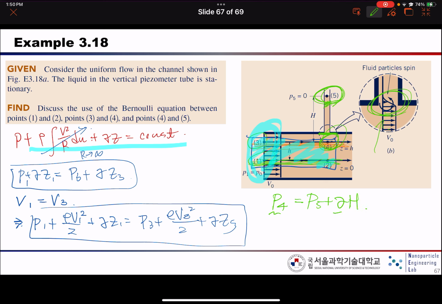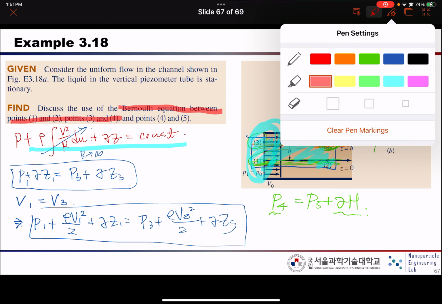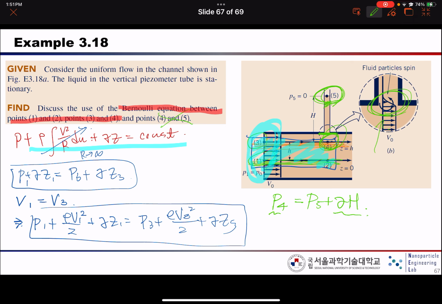So this result represents that for points 4 and 5 you are going to get the wrong result if you apply the Bernoulli equation. So here the answer will be, you can use the Bernoulli equation for points 1, 2, 3, 4, and you cannot use it for 4 and 5. So this will be the answer for this example.